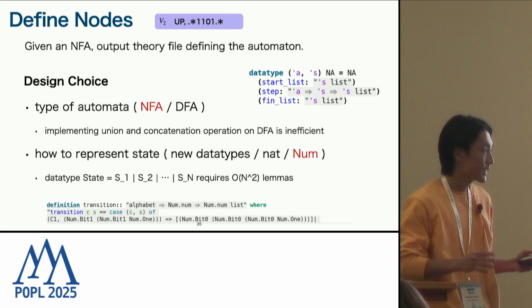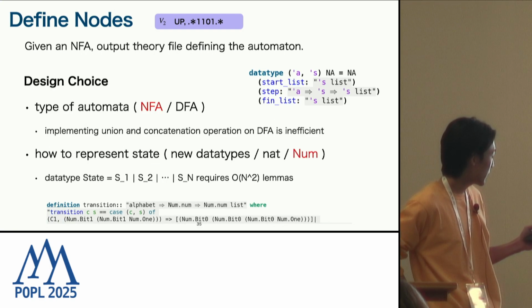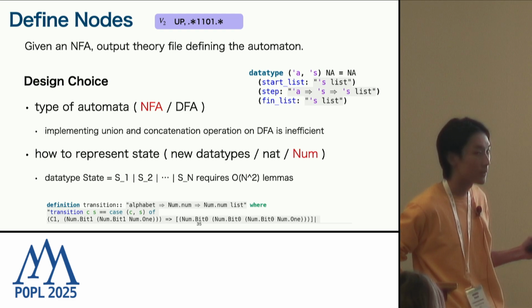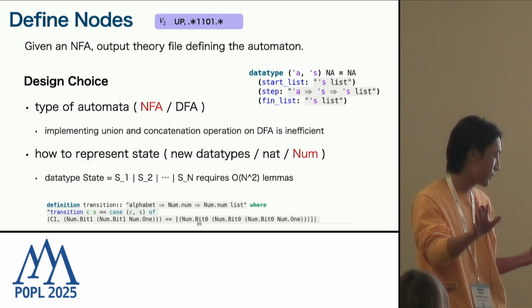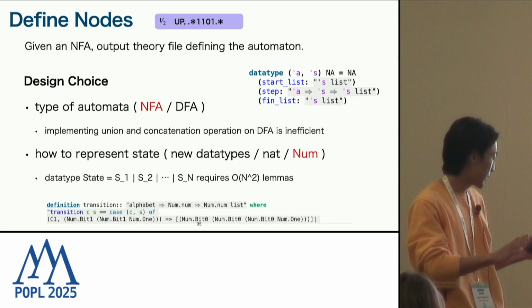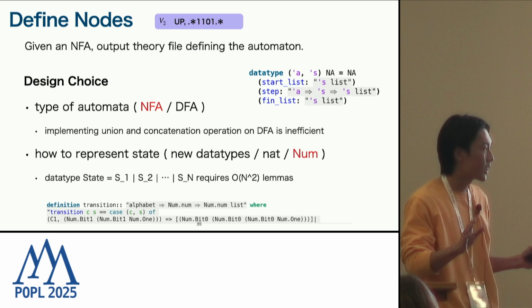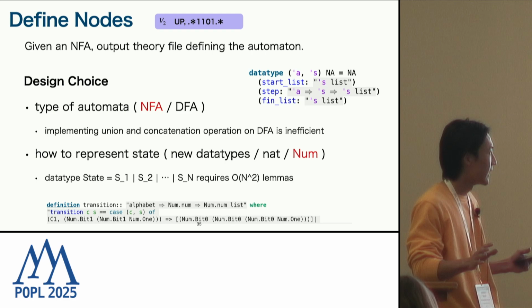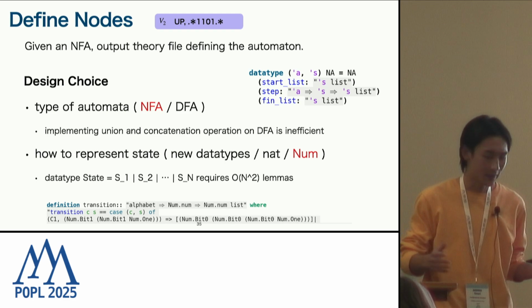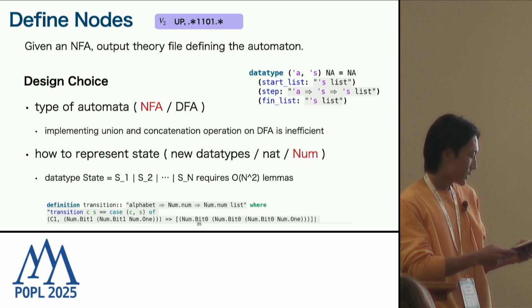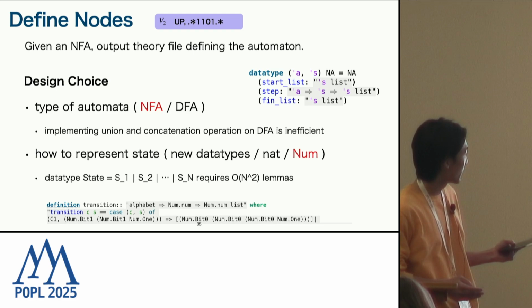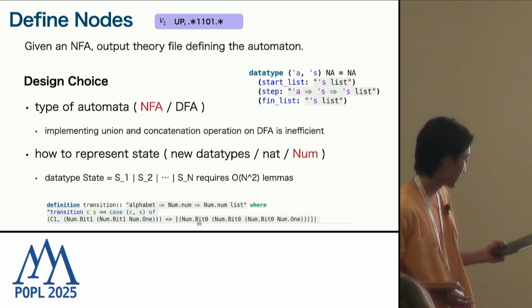We faced two design choices here. The first was about the type of automata to use, NFA or DFA. We decided to use NFA because implementing union and concatenation operations on DFA is inefficient and difficult. The second choice concerned how to represent the state of an NFA.